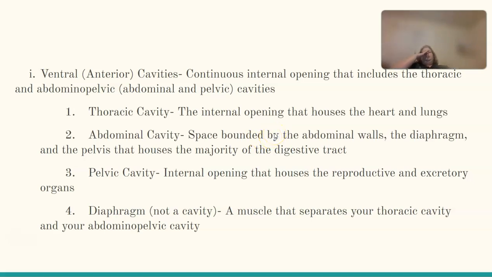So it starts right underneath your ribs where your diaphragm is, and it goes all the way down to your pelvic bone. The pelvic cavity is the internal opening that houses the reproductive and exterior organs. So it's in between your two pelvis bones, where your bladder and things like that sit.